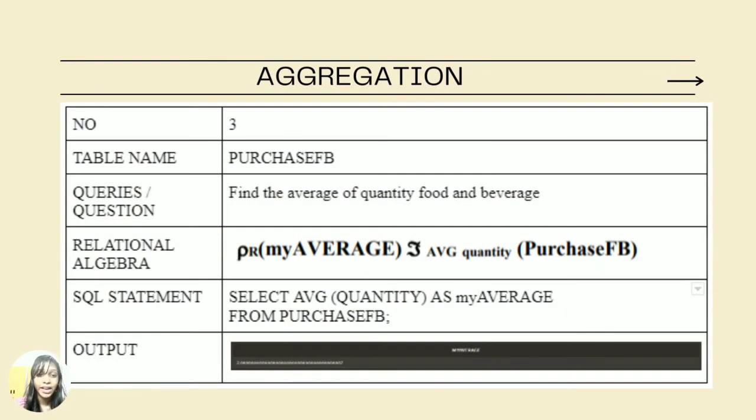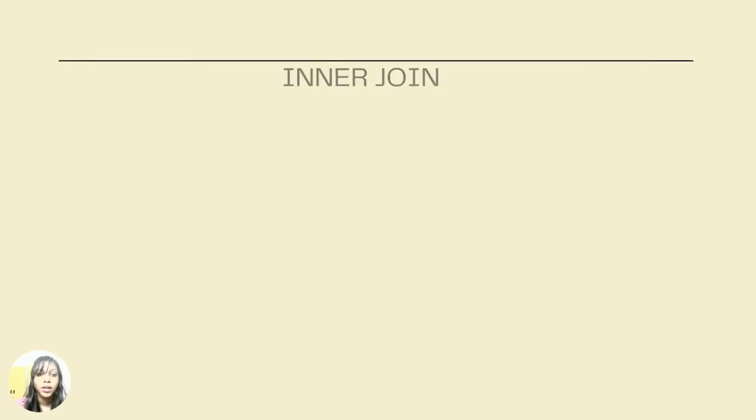And the next one will be the aggregation. We did the aggregation from the table purchase FB, where we find the average of quantity of food and beverage. By using the SQL statement, select average quantity as my average from purchase FB, we managed to get the output we wanted.